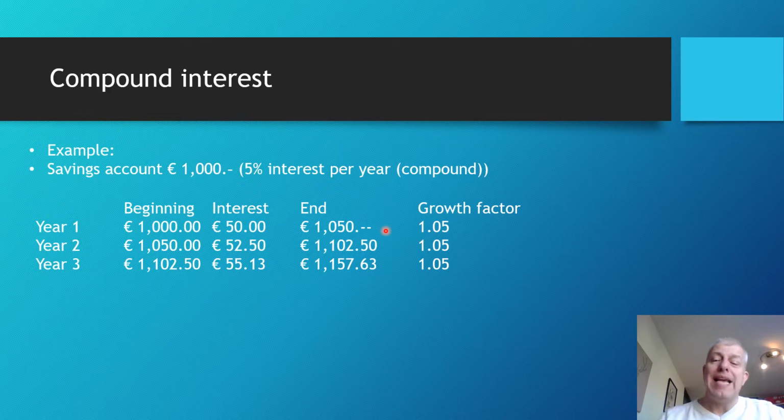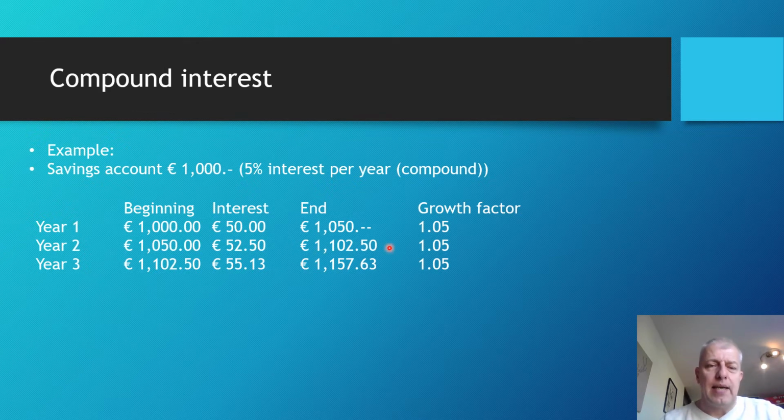So what I end with in this year, I start with the next year, obviously. So in the beginning of year 2, I start with an amount of 1,050 and 5% is 52.50 in interest. So at the end of this year, I have an amount of 1,102 euros and 50 cents.